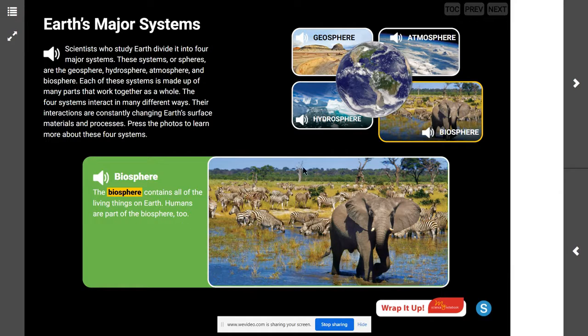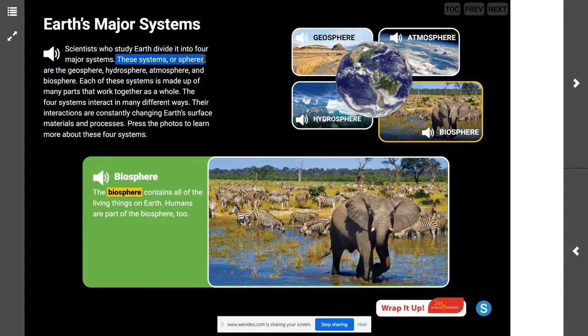As we continue to do our reading here, we're building some background information so we can dig into each of these Earth's spheres a little bit deeper. We're just trying to recognize right now today how these systems may interact. Scientists who study Earth divide it into four major systems.